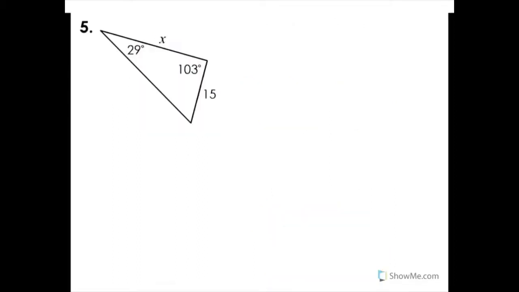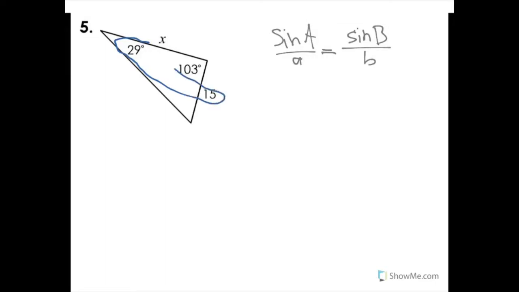Okay, let's look at number 5. So set up my formula. All right, so we're looking for an angle and the side that it is across from. So 29 would be across from 15. So they're going to loop together. And then x would be across from this angle that's not there.